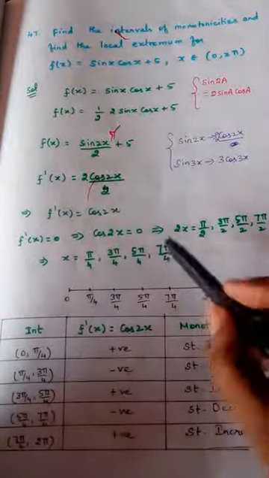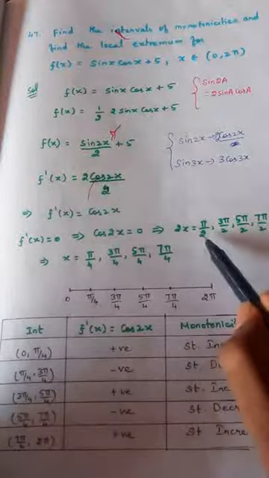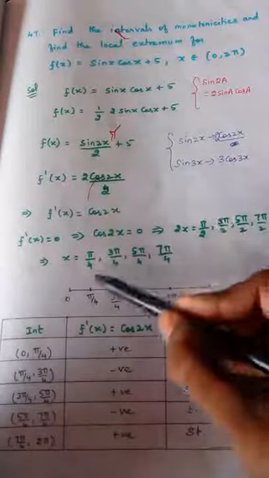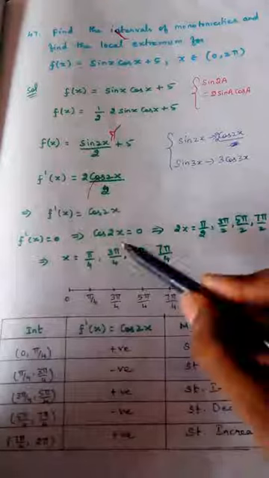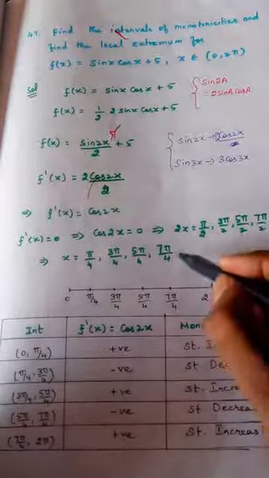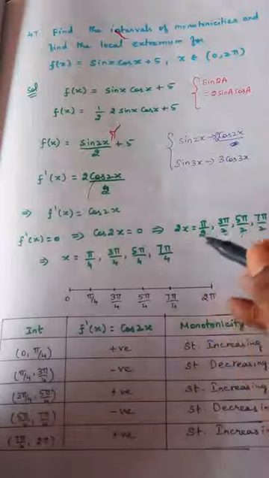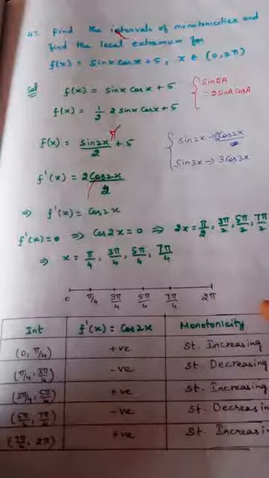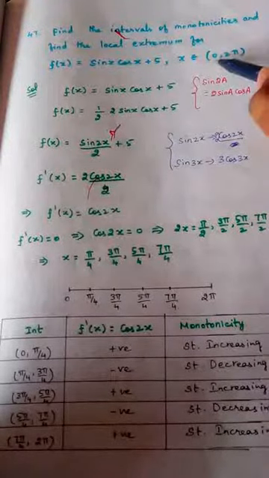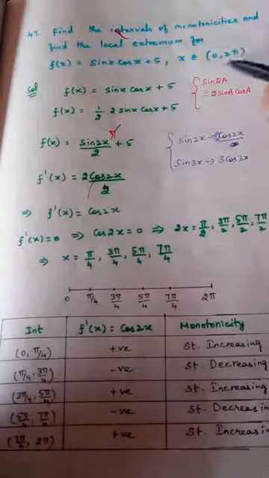But when I take this 2 to the other side, x is equal to pi by 4, 3 pi by 4, 5 pi by 4, 7 pi by 4. It keeps on going, 9 pi by 4 will come. But 9 pi by 4, if you see the value, it becomes 9 into 45. It exceeds 360 degree. The given interval for us is only 0 to 2 pi.